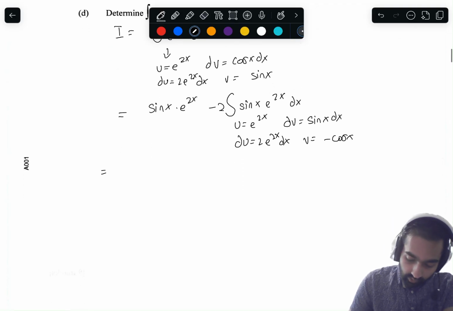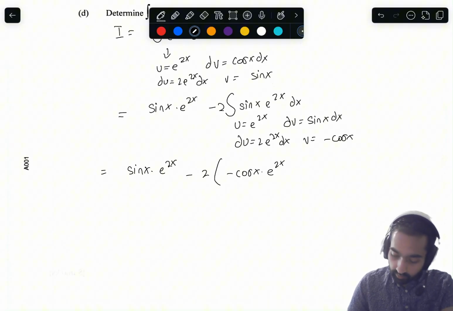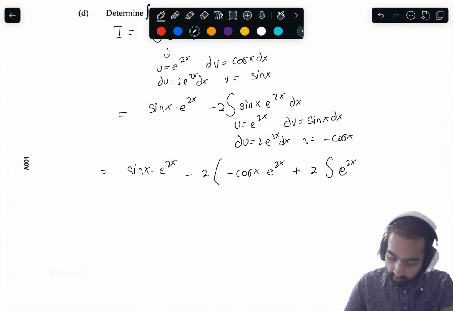Okay, so it's sine x times e to the 2x minus 2, and now in brackets it's uv, which is minus cosine x times e to the 2x, and then minus v du, so I could put plus 2 integral e to the 2x times cosine x dx.